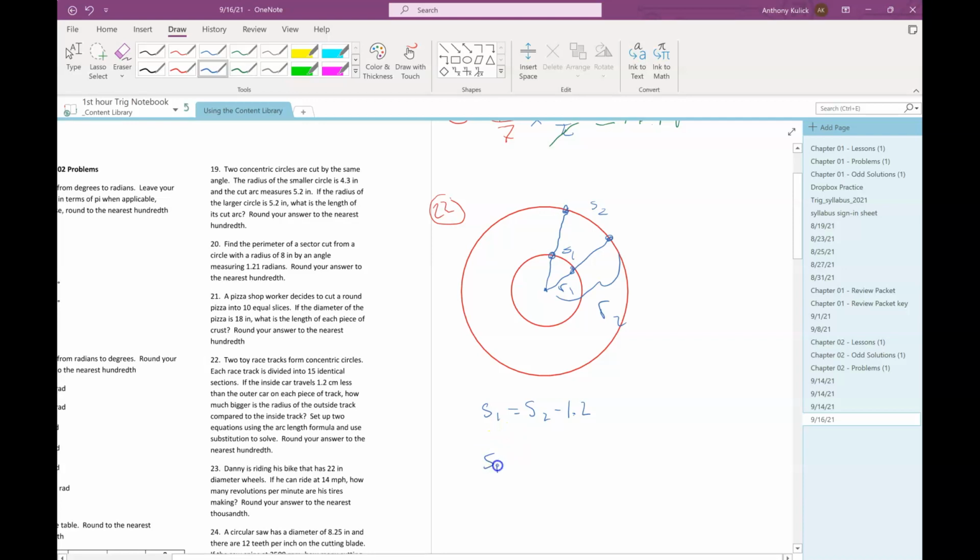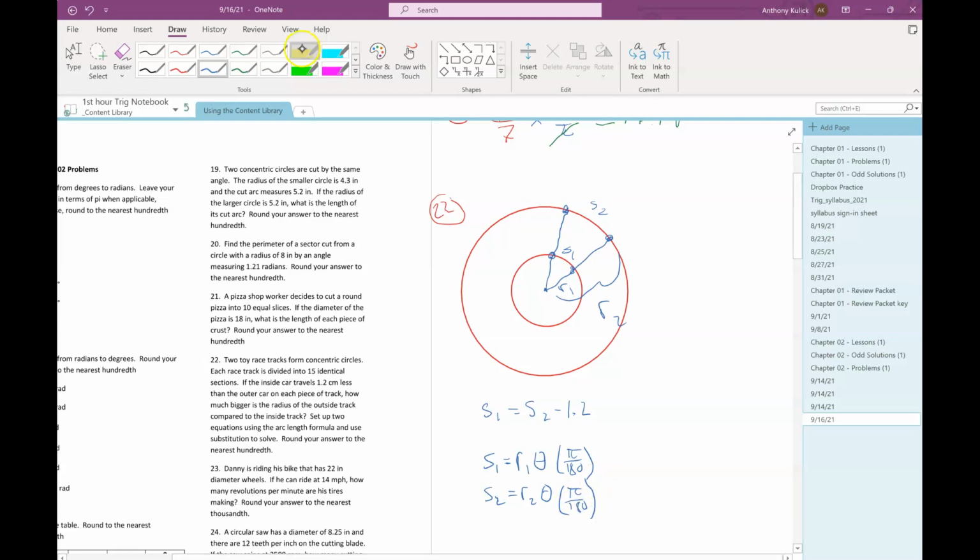So probably the natural thing to do is to say, okay, I know the arc length formula is this, and the theta I'm going to find will probably be in degrees, so I'm going to do the conversion to radians there.